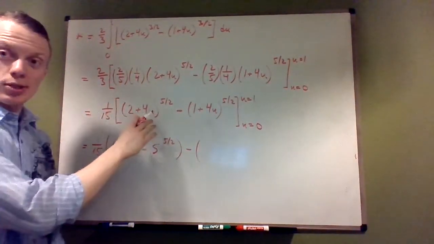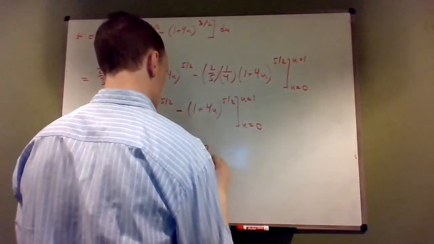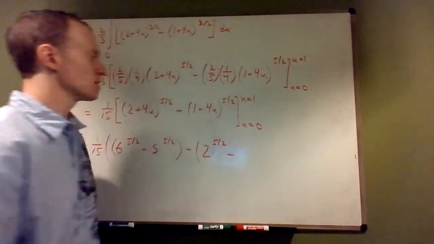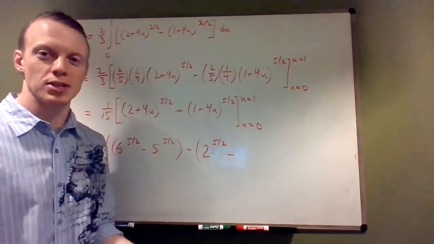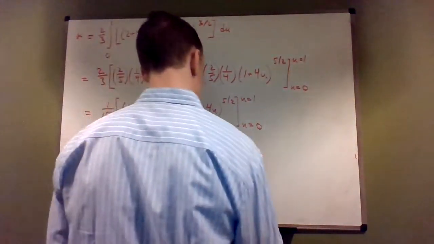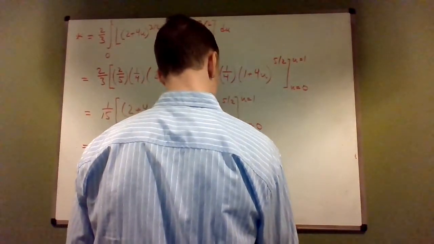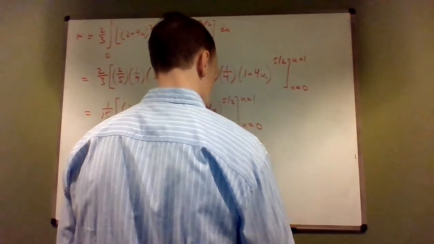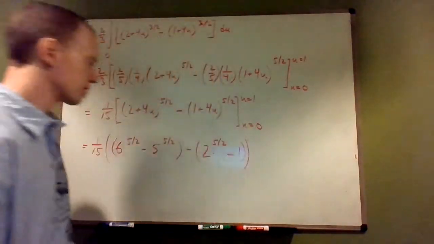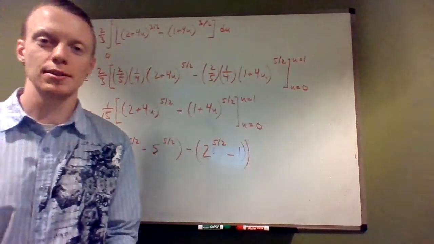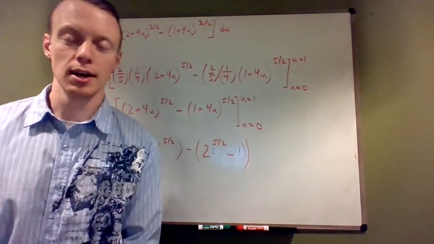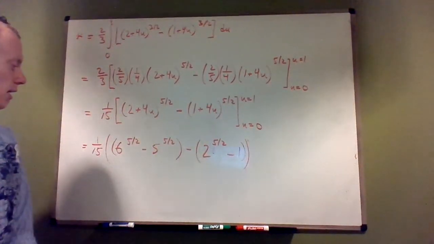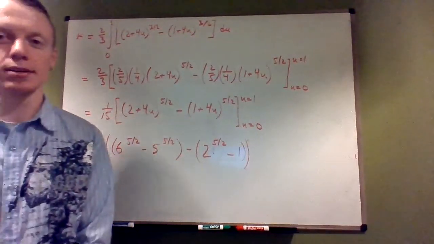That's going to give me 2 to the 5 halves minus a 1 to the 5 halves. Well, 1 to any power is 1. And while this is not the most pretty answer, this is still a final numerical answer that we can work with.